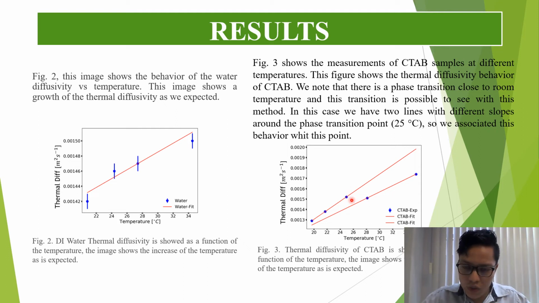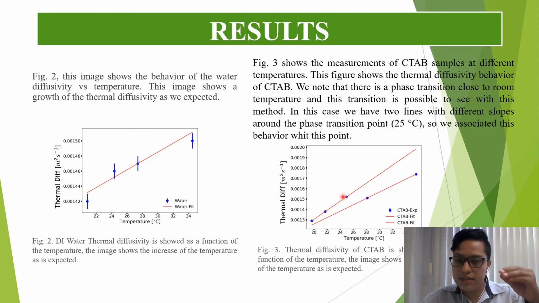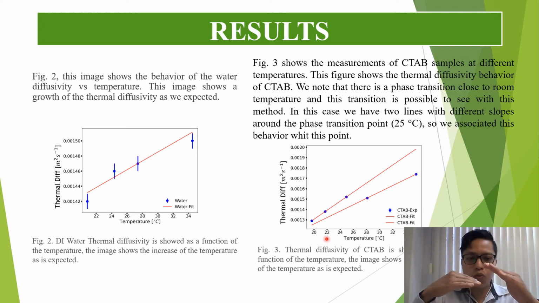And then we have a particular behavior at this point, and we associate this particular point with the phase transition. Then we have a behavior as a line with a different slope. Then we associate this change of slope with the phase transition effect.